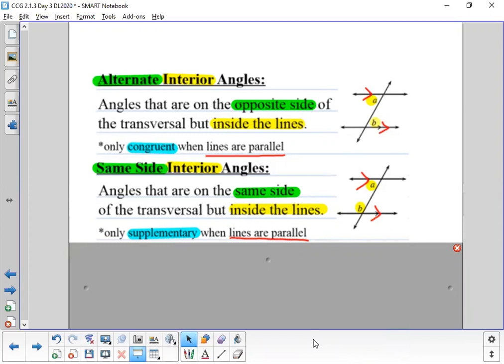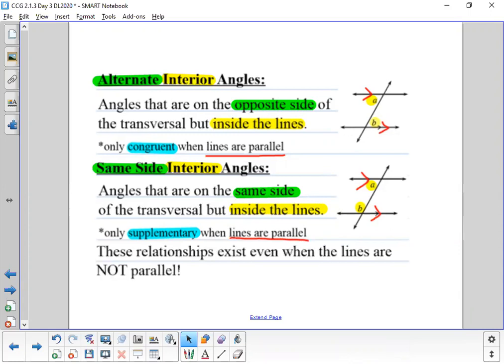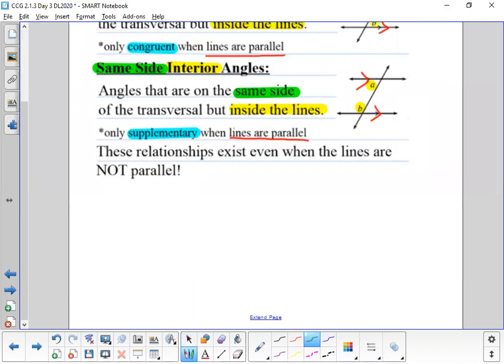Really important thing that my students tend to get wrong a lot when we're learning all of these different angle relationships with two lines and a transversal is they think that these angle relationships only exist when the lines are parallel. But that's not true. I can have alternate interior angles even when my lines aren't parallel. So let's say I had this line and this line and I had a transversal.